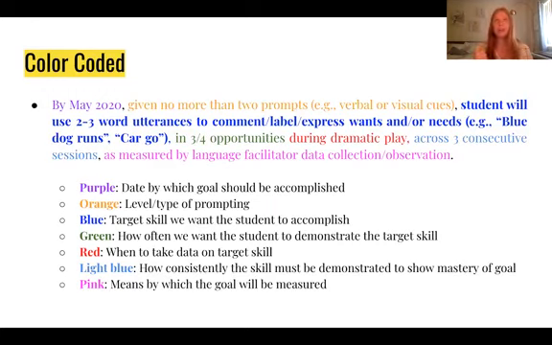Because a word like minimal or maximal could be really subjective. My definition of minimal might be totally different than Erin's. So we want to define it so that if I was sick and Erin was being my sub, she could read my goal and know exactly what I count as a minimal prompt. And usually that's going to be defined by how many and what type.